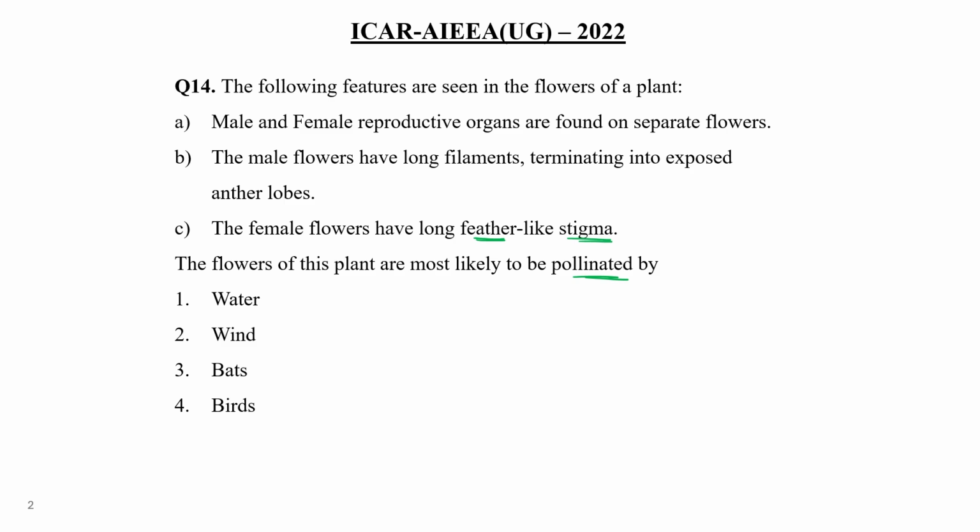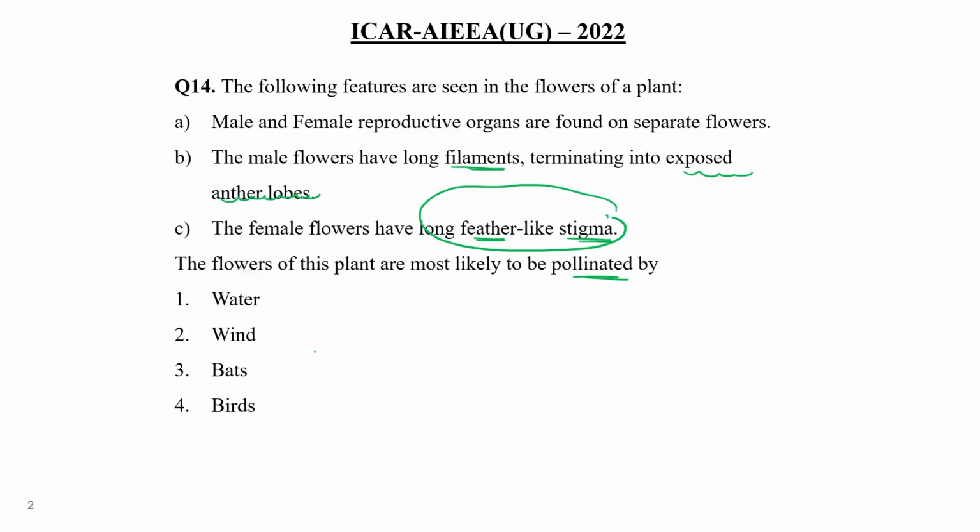If the female flower has a long feather-like stigma, it means they need to float, right? And male and female organs are present on separate flowers. Male flowers have long filaments terminating into exposed anther lobes, and this long feather-like stigma and exposed anthers is the quality of a plant which is pollinated by wind only.